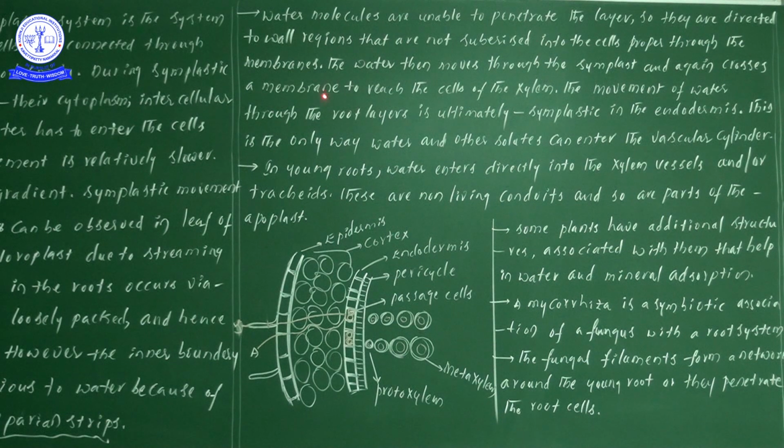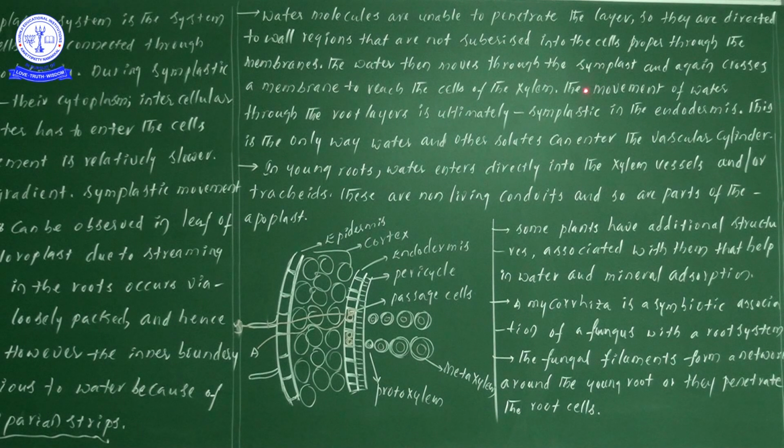Now next one. The water then moves through the symplast. Once the water comes up to the endodermis, it enters through the symplast. Water enters into the symplast means water enters into the passage cells. Why? Because within the passage cells cytoplasm will be there.